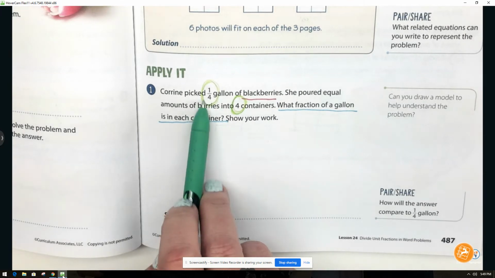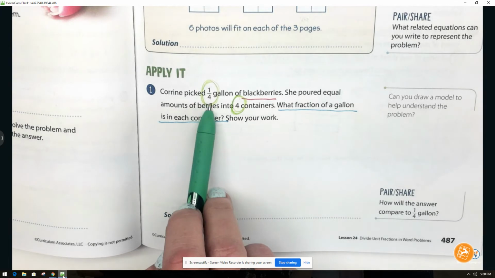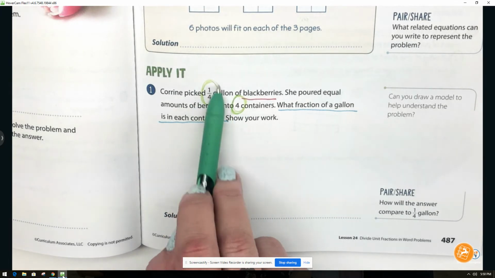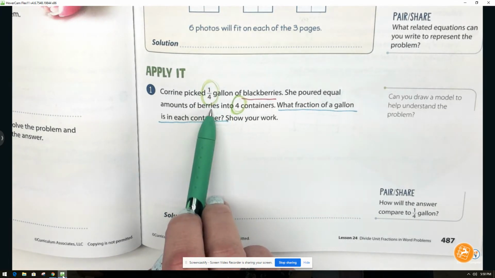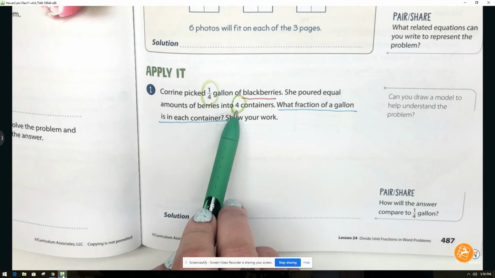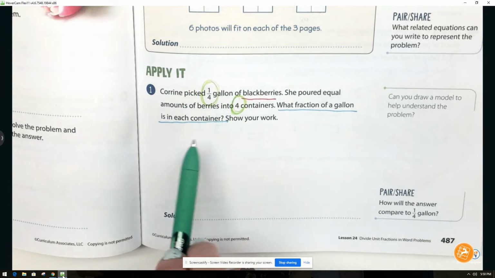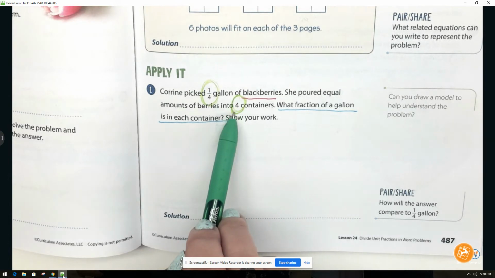We know that she starts with 1/4 of a gallon of blackberries. And we know that she's going to take this 1/4 of a gallon and divide it into 4 equal containers. So we're taking this 1/4 and dividing it and putting it into 4 containers.